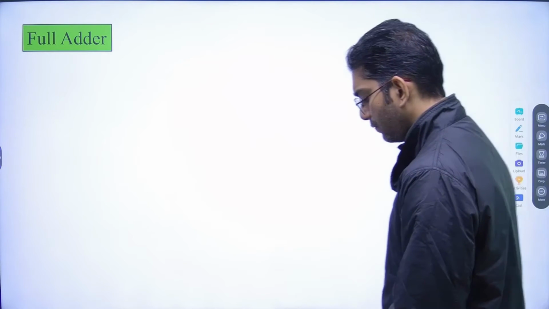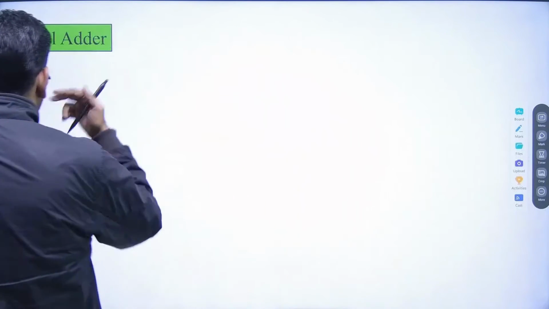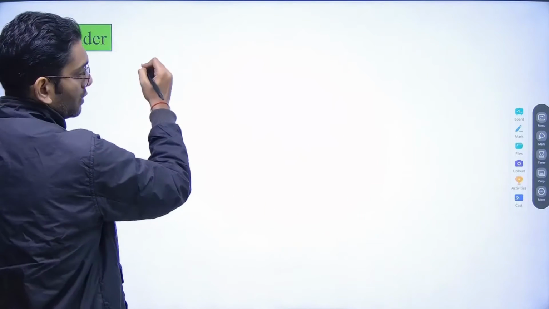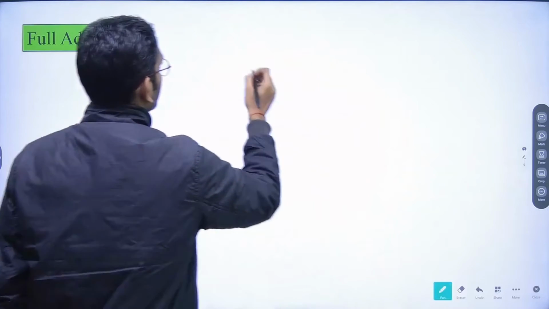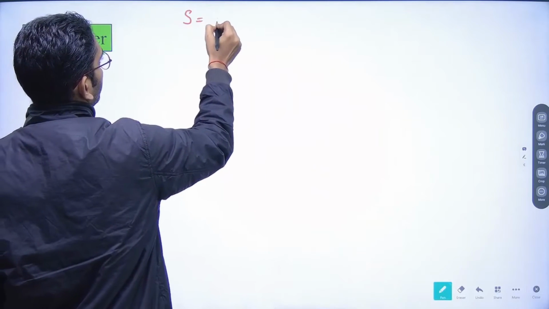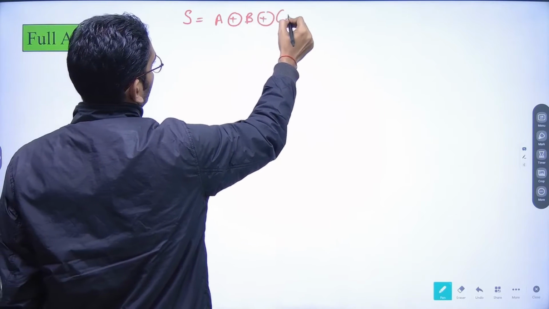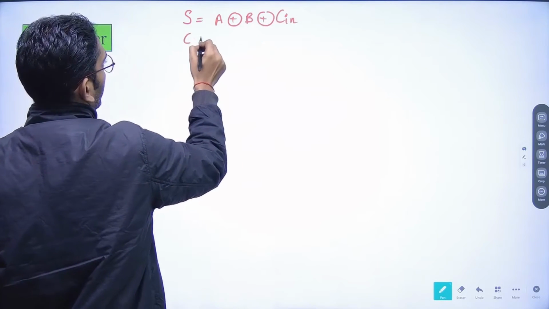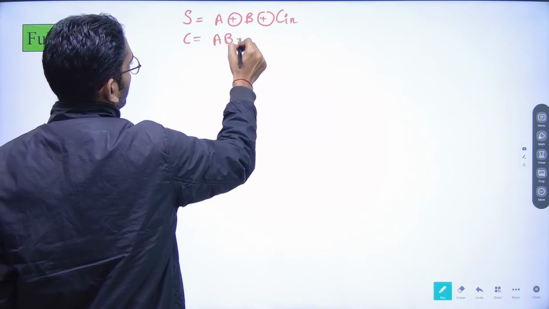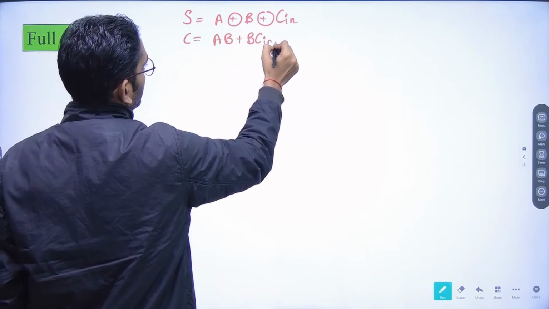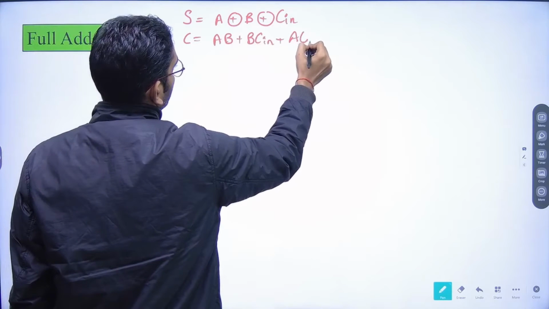In case of the full adder, sum is given by A XOR B XOR C in, and the carry is given by AB plus BC plus AC.